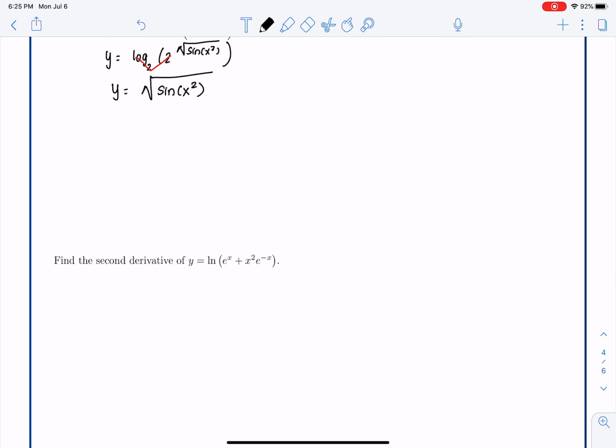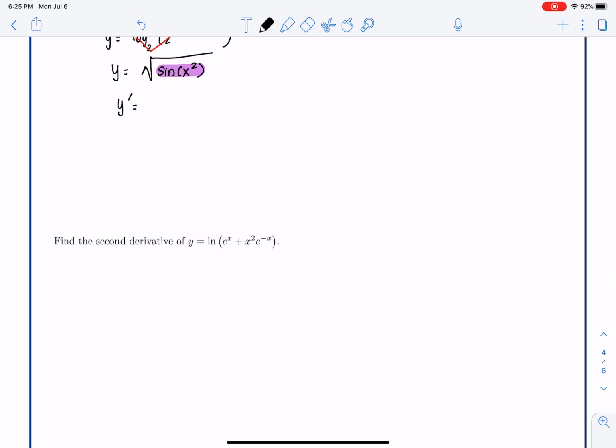Clearly, square root of something is a function, and we have a function within a function. So for y prime, we have to treat whatever is inside the square root as x. What is the derivative of square root of x? Recall, the derivative of square root of x is 1 over 2 square root of x.